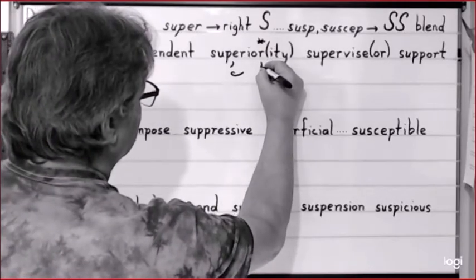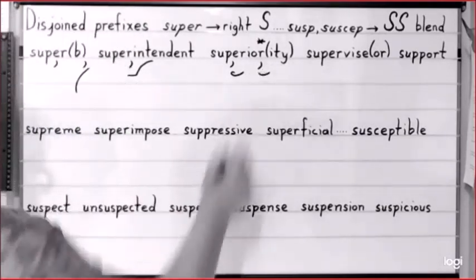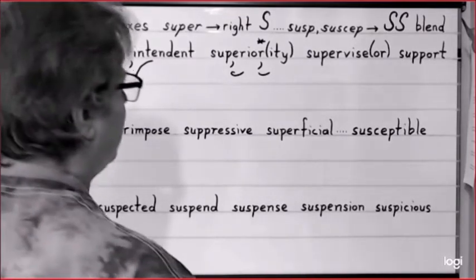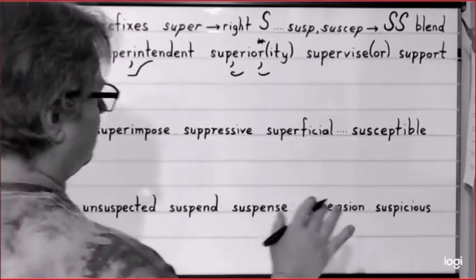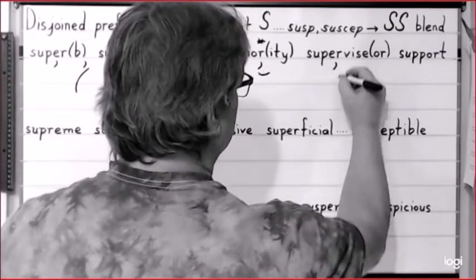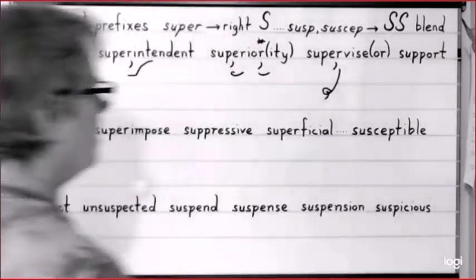So it is S, and then an R, standing for the R-I-T-Y at the end for superiority. For supervise or supervisor, both of these will work over the same outline, is the S, and then a V, long I, S.